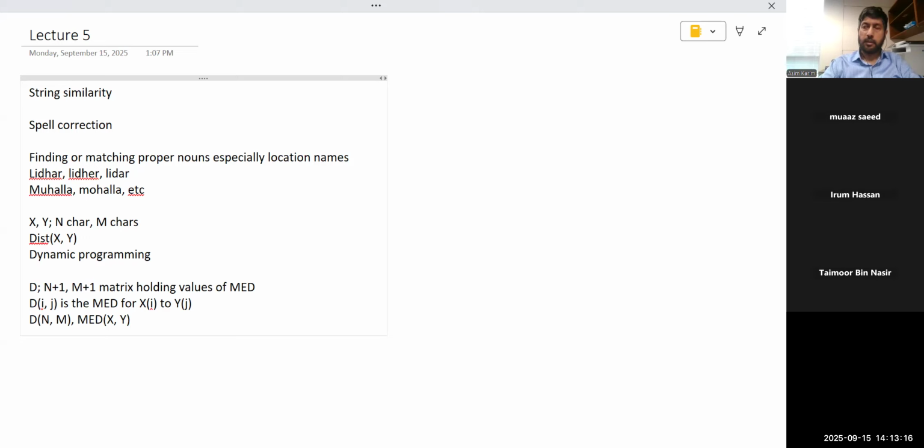The minimum edit distance between x and y. ये वाला जो cell है, which would be the last cell in your matrix, going up to the length n of string x and length m of string y, would hold the distance or the dissimilarity between x and y. Okay?